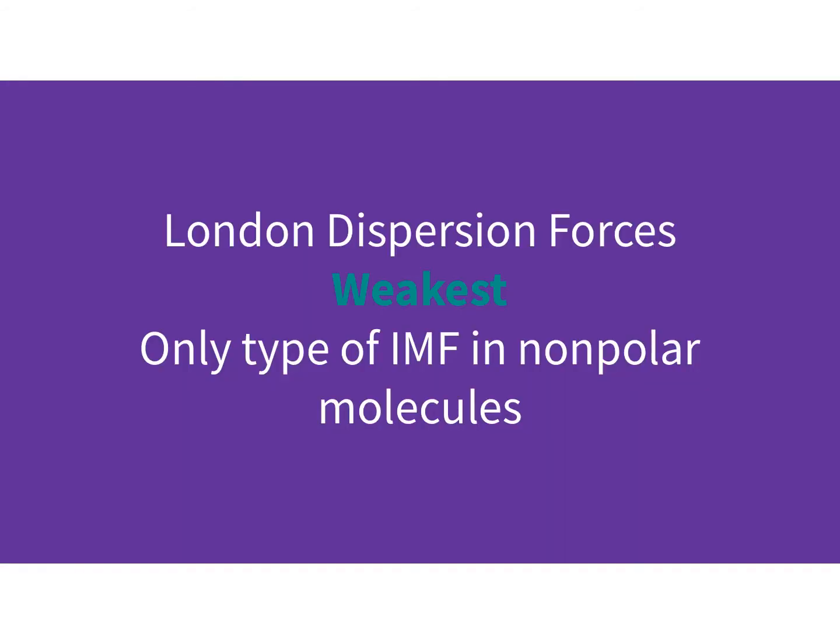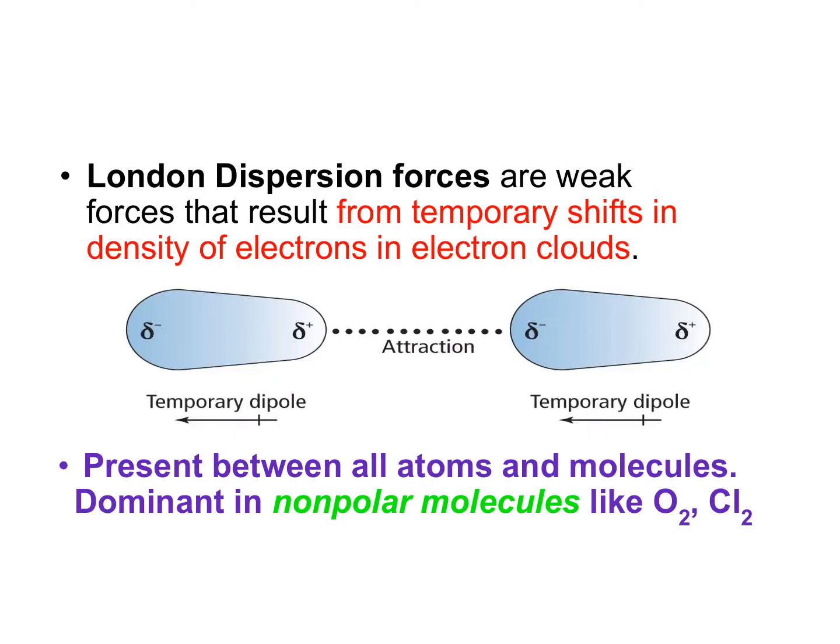London dispersion force is the weakest type of IMF we're going to be talking about. It is the only type of IMF in nonpolar molecules. London dispersion forces result from temporary shifts in the density of electrons in electron clouds. So if this is our molecule, we have most of our electrons over here in our negative charge and less of our electrons here in our positive charge.